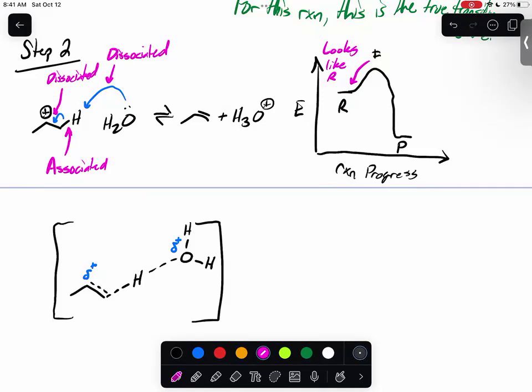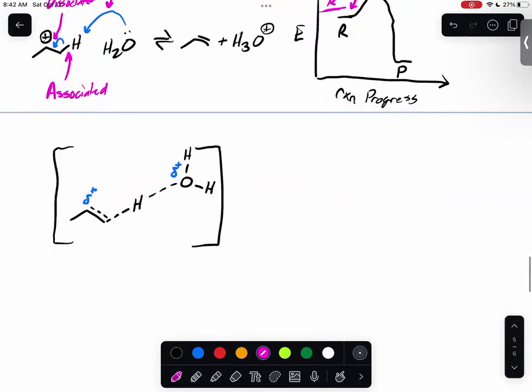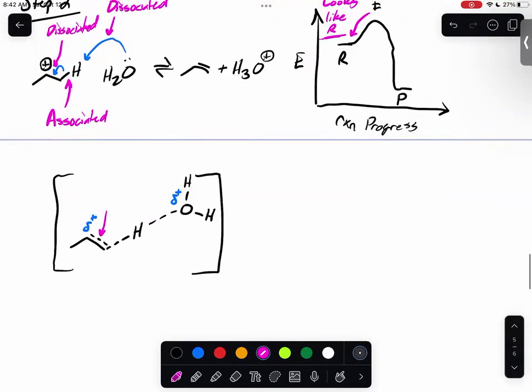Whenever, keep in mind, it looks like the reactants. In that case, that's telling us that our alkene bond is long, because it started out dissociated. Our oxygen-hydrogen bond is long because it started out dissociated, versus our carbon-hydrogen bond is short because it started out associated.